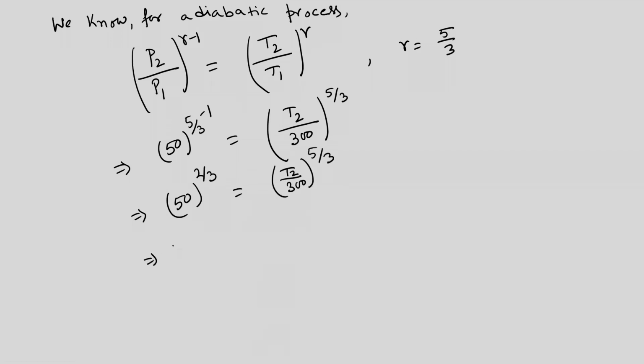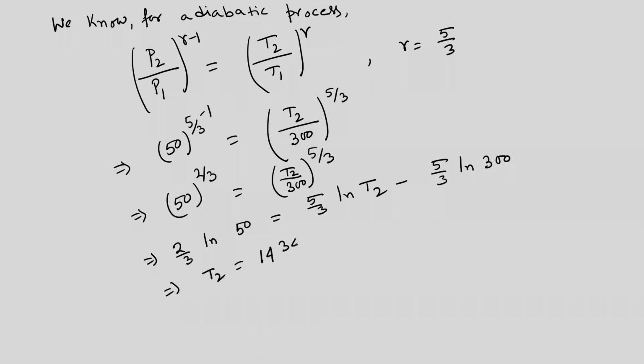If we take log, we get 2 by 3 ln 50 equals 5 by 3 ln T2 minus 5 by 3 ln 300. So, if we solve it, we get T2 is 1434.5 Kelvin.